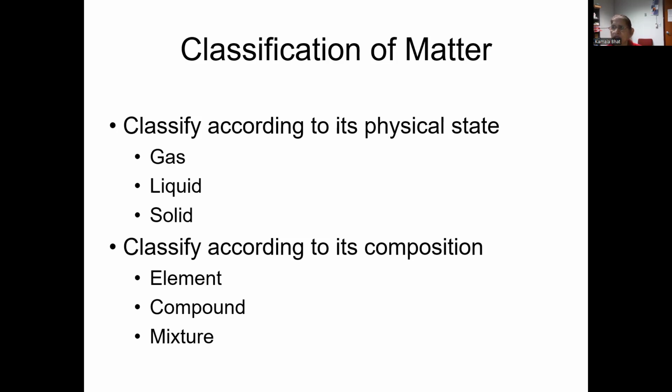So the physical state of matter is classified based on the energy and the kinetic molecular theory. When we classify according to the composition, we start with the mixture and then we designate what type of mixtures we have and how we can purify them, and then identify each of the components that is present.